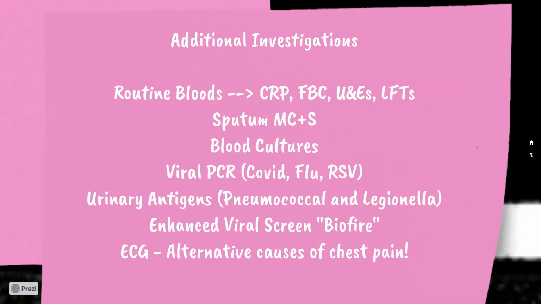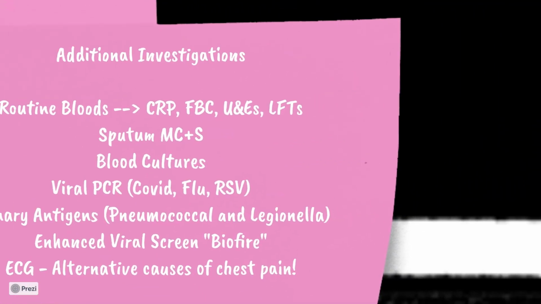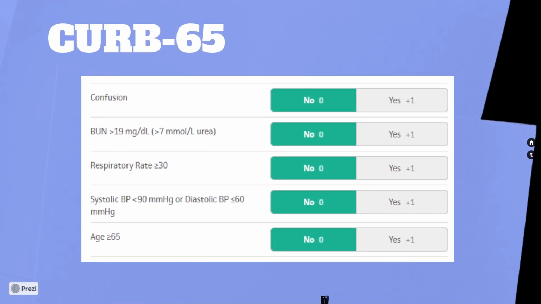We can also perform an enhanced respiratory viral screen, and in Salisbury this is known as a Biofire panel, where multiple PCRs are done for different organisms, and we can therefore identify the causative organism from this.